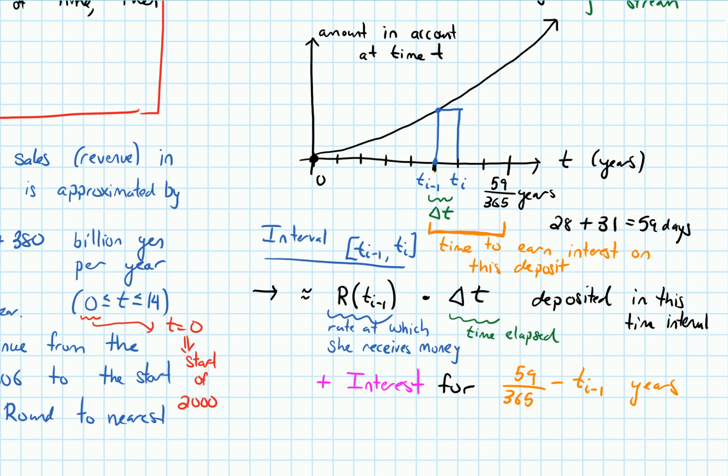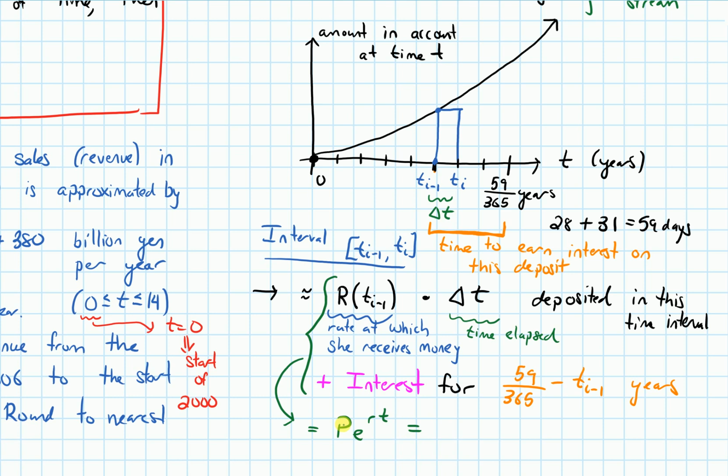Now if I know how much was deposited during that time interval and how long it's earning interest for, because it's earning interest compounded continuously, I can use my formula P times e to the rt, that Pert formula for continuously compounded interest, to determine how much that is going to be worth at the end of this time period.